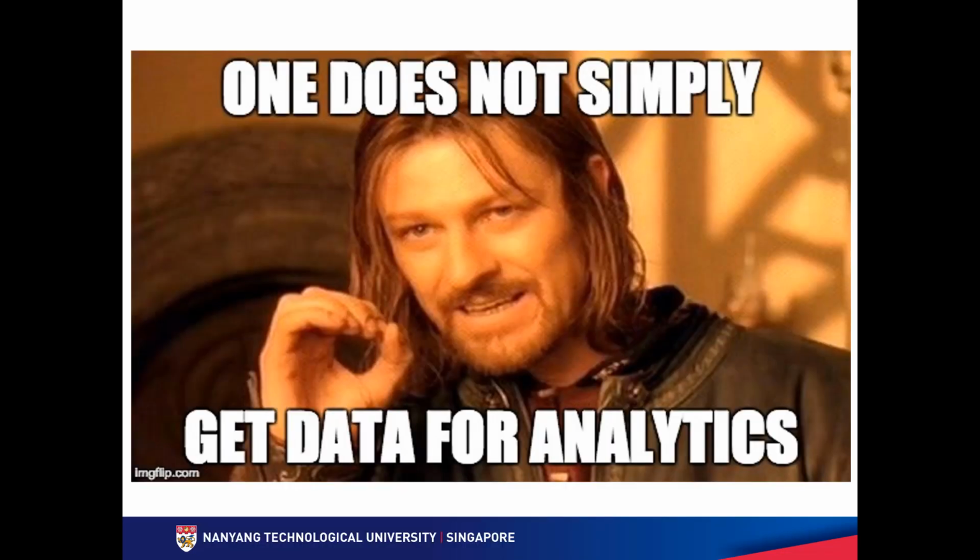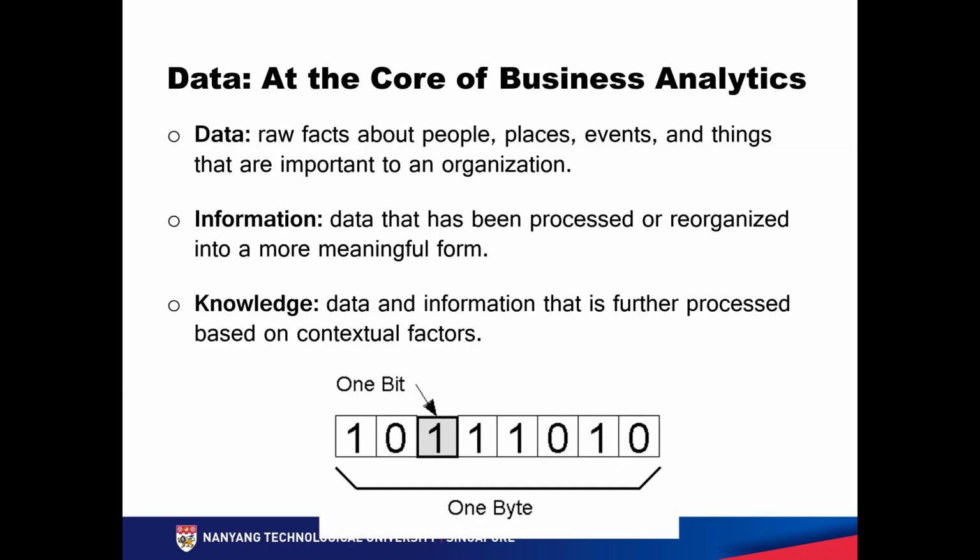So one does not simply get data for analytics. Essentially, it is a garbage in, garbage out story. If you do not get the right data for analytics, your insights are very likely going to be fairly meaningless. So the emphasis is on data. Okay, so what is data? Well, data is in fact some raw facts about people, places, events, or anything that are important to an organization with some business sense.